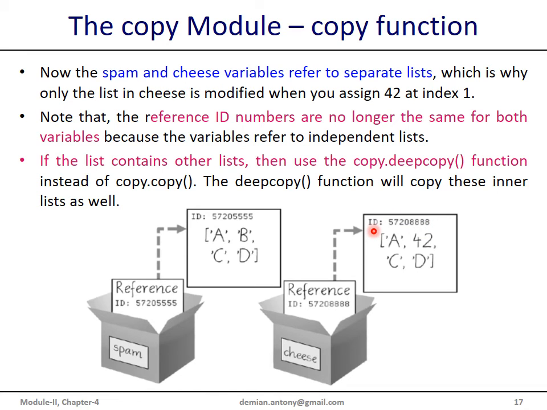If the list contains an item which is another list or a dictionary, then we have to use one more function of the copy module called deep copy. Deep copy copies not only all the items, it copies even the inner items containing lists or dictionaries and other data structures.